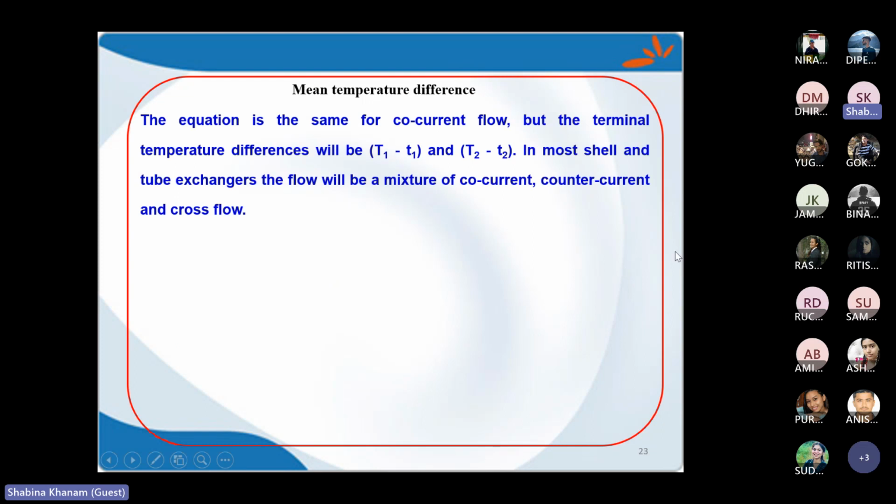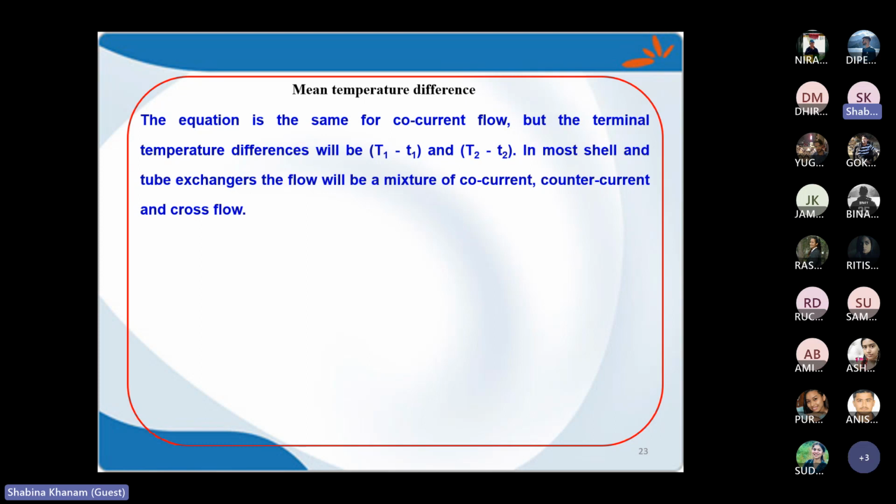However, when we consider the shell and tube heat exchanger, which we discussed yesterday, if you see its geometry, we have a number of tubes, and one fluid flows in the tube.